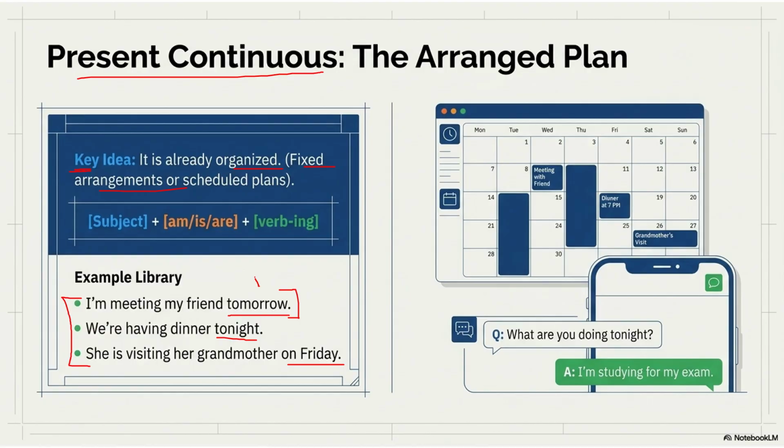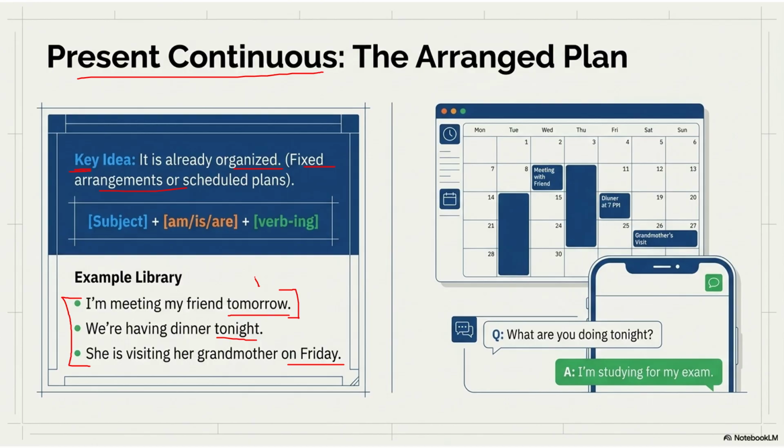How is it that now we're using present continuous for the future when we normally use present continuous for an activity that is happening right now? So how is it that we can also use it for the future? Easy, guys.